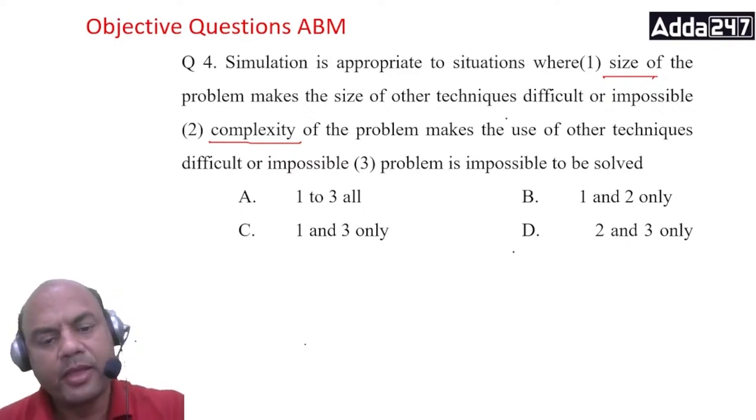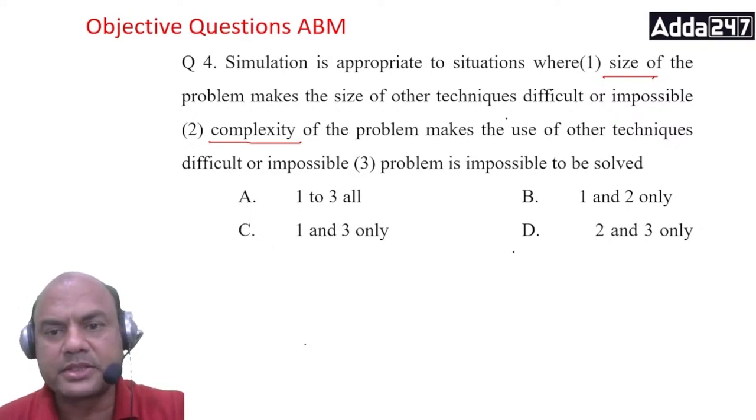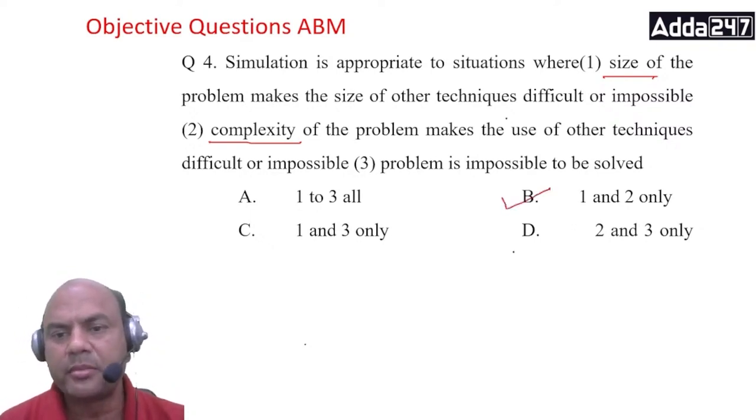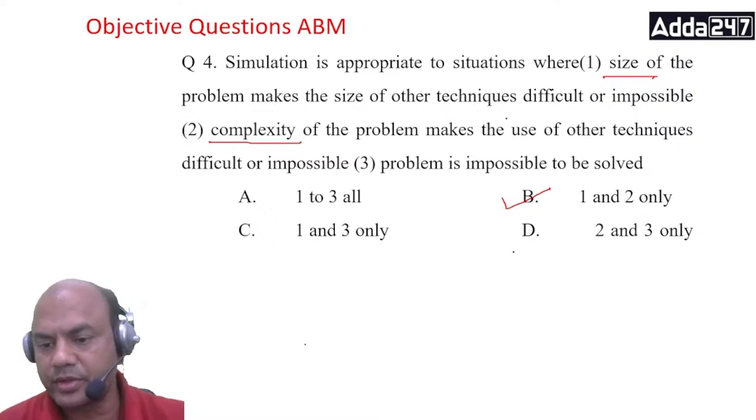Yeah, answer is correct. Type in the comment section. Yes, the answer is B, 1 and 2 only, because 3 can't be the answer. You can't have any problem in finance which is impossible to be solved. Okay.